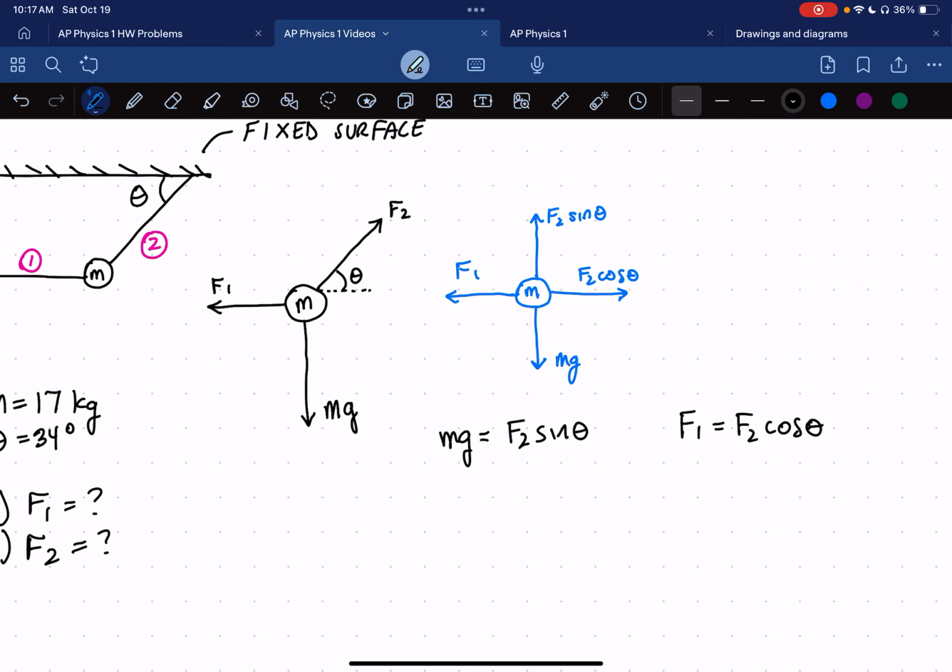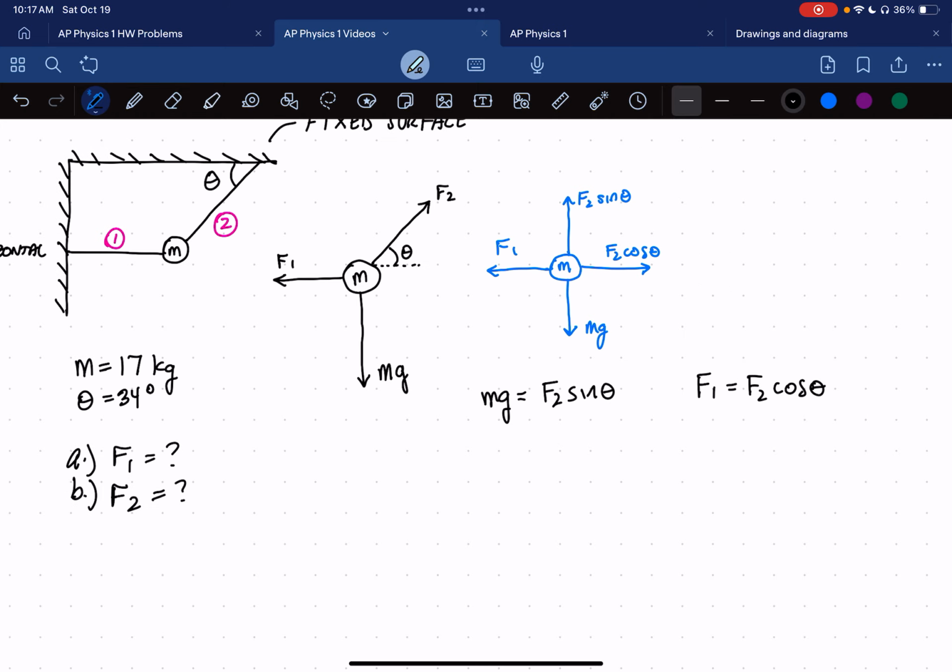Okay, let's see what we know and what we don't know. We know M, we know G, we don't know F2, and we do know the angle. So we could actually figure out F2 right away. We don't know F1, we don't know F2, and all we know is the angle over here. So we can't solve the right equation for F1, but we can actually solve for F2.